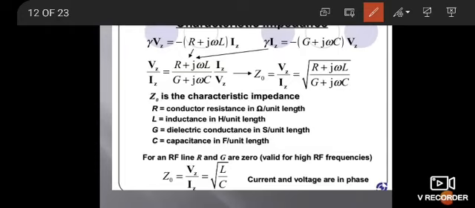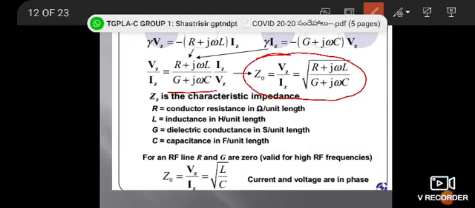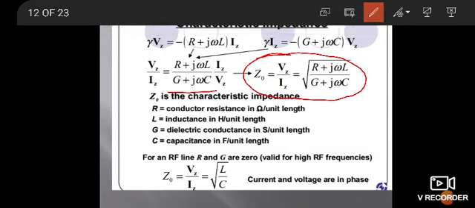From this we get Z0 equals the square root of R plus j omega L by G plus j omega C. That is the equation for our characteristic impedance, where Z0 is the characteristic impedance, R is the conductor resistance in ohms per unit length, L is the inductance in henries per unit length, G is the dielectric conductance in mhos per unit length, and C is the capacitance in farads per unit length.